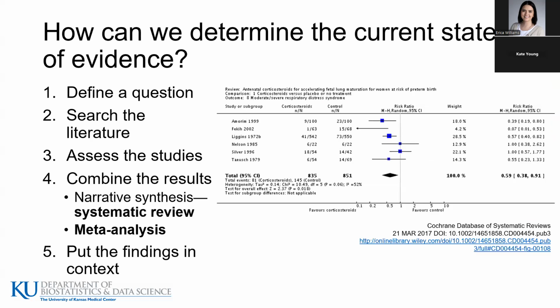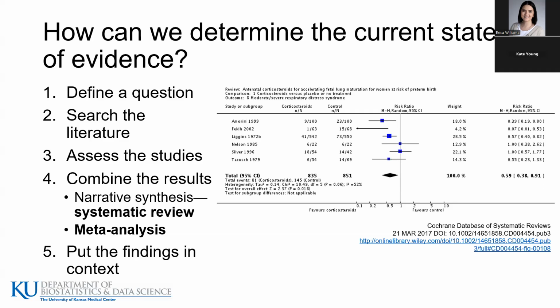Next, the author of the systematic review or meta-analysis will write a narrative synthesis of the findings, including details on the quality of each of the studies and their interpretation of the current state of evidence. In a meta-analysis, this is taken one step further by actually using a statistical method to pool the results of the studies and to obtain an overall estimate of the effect.